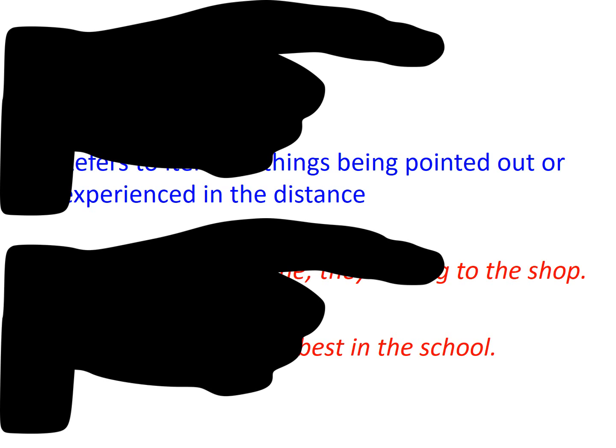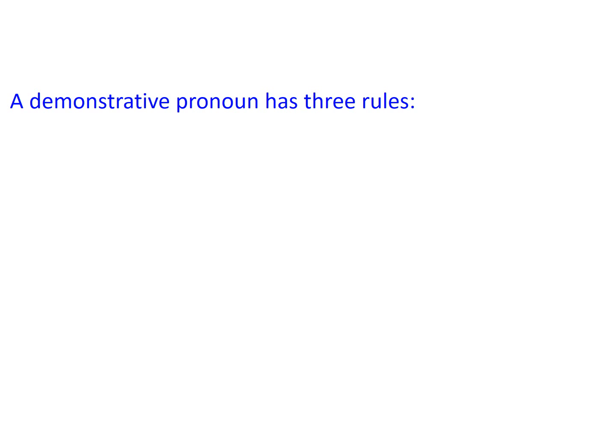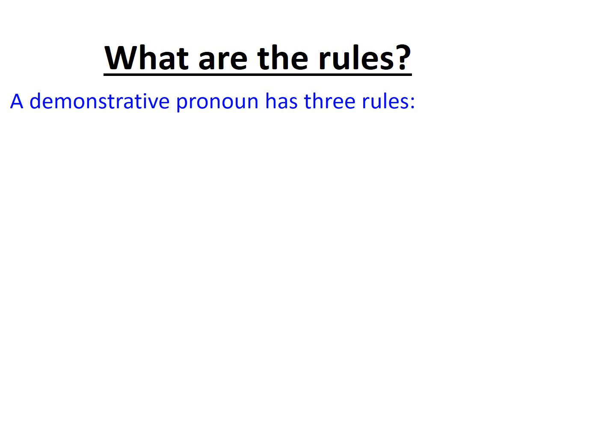They're pointing them out. So my first takeaway of this whole video is that demonstrative pronouns are always pointing out the information. So what are the rules? A demonstrative pronoun has 3 rules. It always refers to nouns, whether they are named or not.